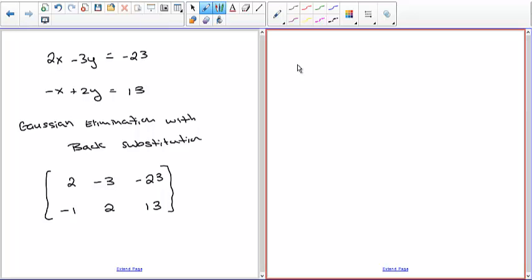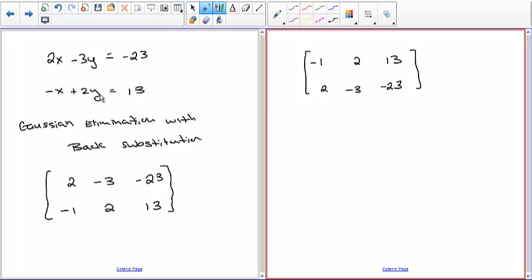Now, the first thing you want to do in these situations is you want to get a 1 up here in the upper left-hand corner. Looking at this, I've got -1 here. So what I could do is switch. One row operation is just to switch rows without doing anything. So what I've done is I've switched row 2 and row 1.